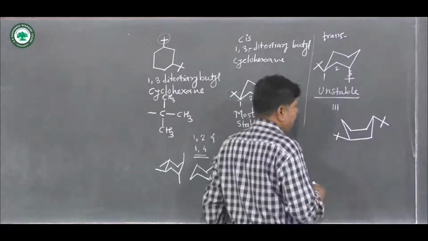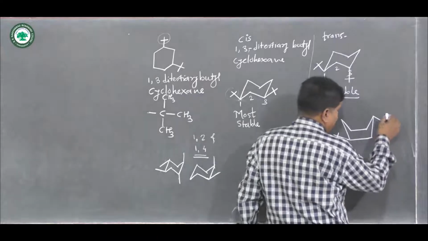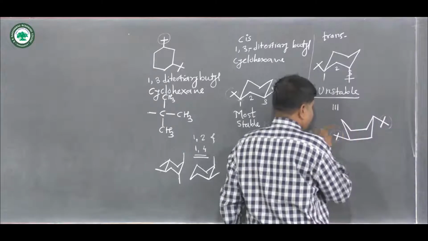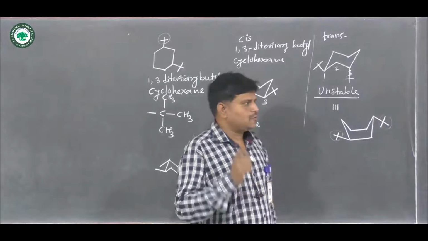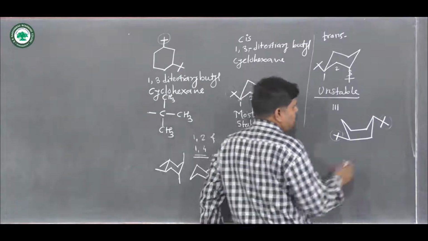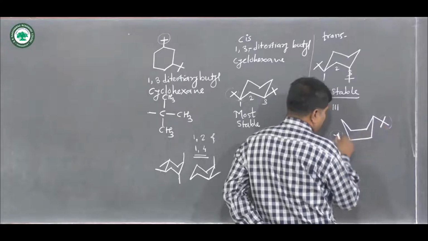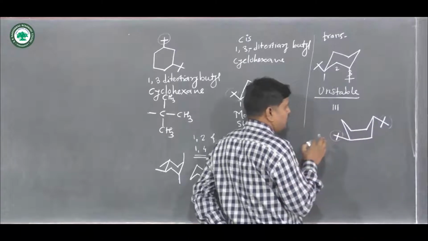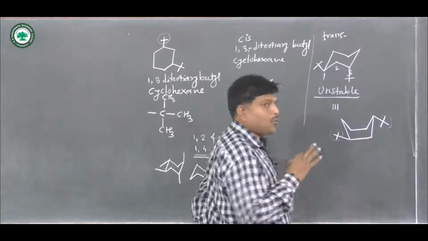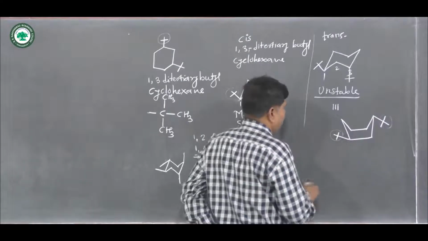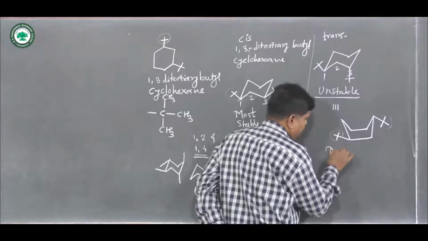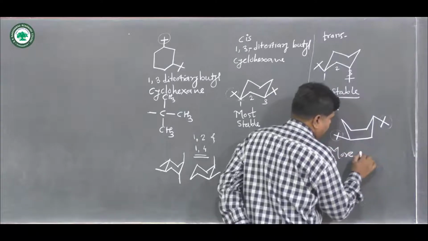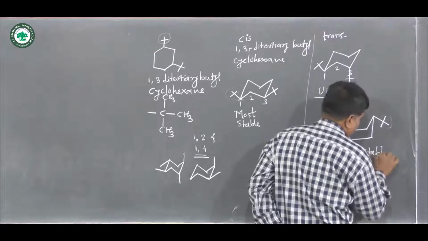One of the major energy contributions is created by the axial tertiary butyl group, so we say both substituents go at the equatorial position, our problem is solved, and we now get the more stable structure, which looks like this one. This is the more stable one.